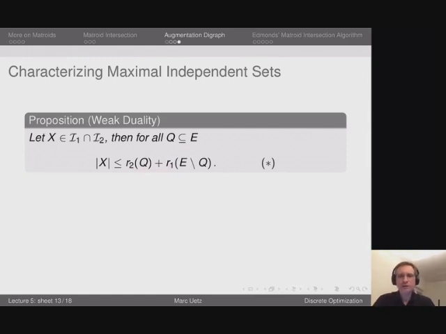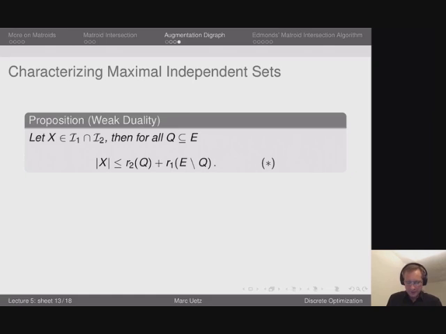Now, why is this helpful at all? Well, notice that this holds for any set which is independent for the two matroids and any subset of the elements. So whenever I can find an independent set X and a subset of the elements Q such that I get equality here, then I must have found a maximal independent set, right?